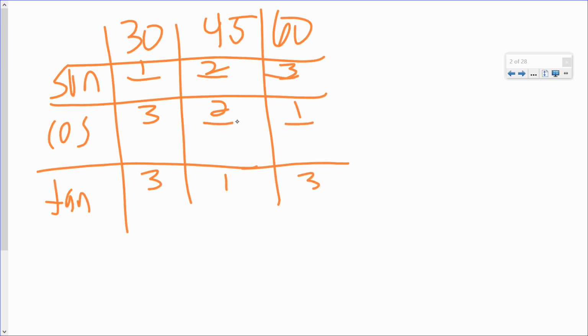First 2 rows are all over 2. Bottom row, only the first one is over 3. All my numerators are radicals. I don't have to put it on the 1 because radical 1 is just 1.